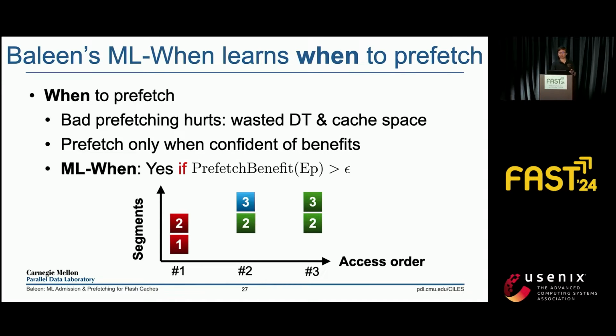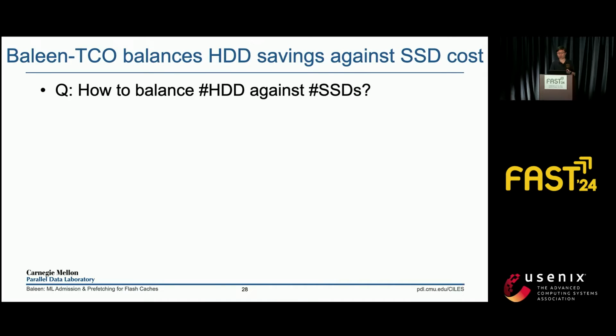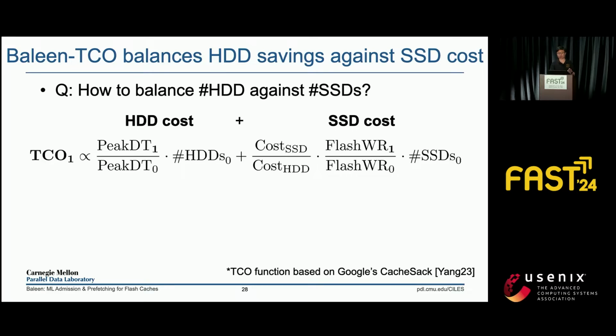All these policies help us reduce peak disk time for a fixed flash write rate budget. The question then is, what flash write rate budget should we use, and how do we balance the cost of those extra flash writes that we use in order to save hard disk load? The two big parts of cost are hard disk cost and SSD cost, and we have a TCO function based on Google's CacheTier paper.